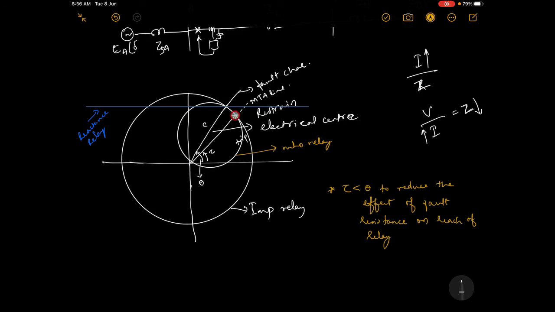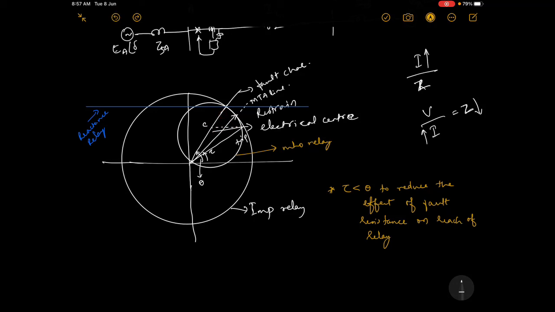Why? Because if tau is too small, for example if it is here, then there would be an under reach. Do you agree? Due to arc resistance, this much would be the resistance, and then this much is the under reach.